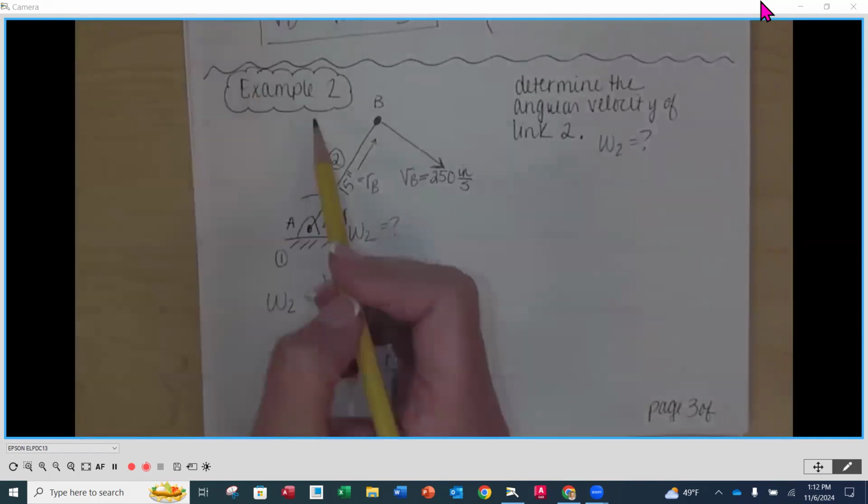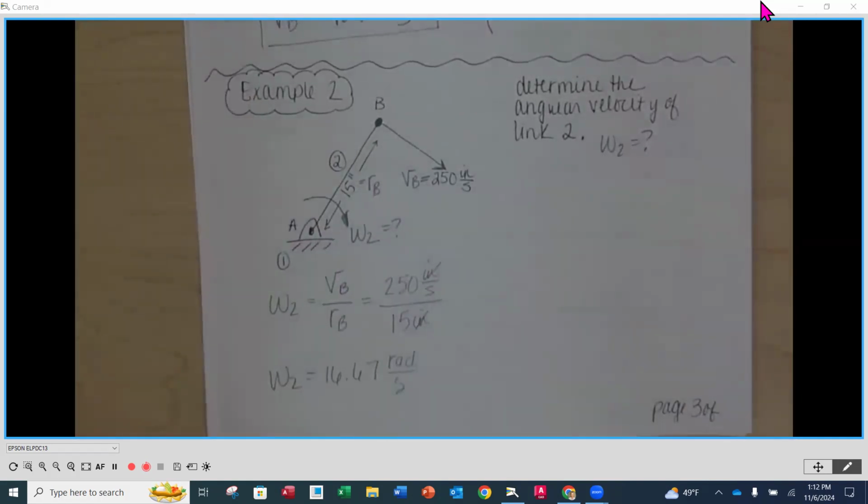For instance, if I was attaching a motor to this and I went to the motor store and asked, could I have a motor that goes 16.67 radians per second? They'd be like, I don't know what you're talking about. Or if you go online and you want to order a motor, will you ever see 16.67 radians per second for the units? The answer is no.